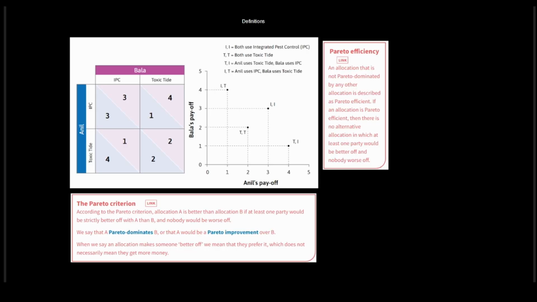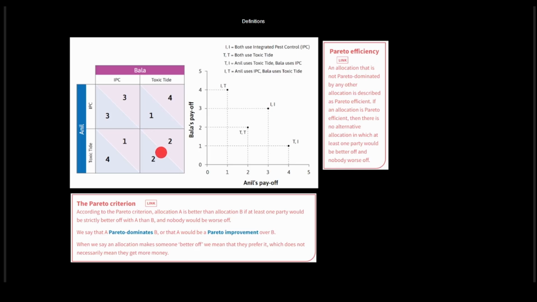Okay, so here we have a situation out of the textbook. This is looking at the payoffs between Anil and Bala for whether or not they use the IPC, that's the Integrated Pest Control, or the Toxic Tide. We have a series of different payoffs, shortened based off of TT for toxic tide, toxic tide. That would be this outcome. Let me switch to laser pointer.